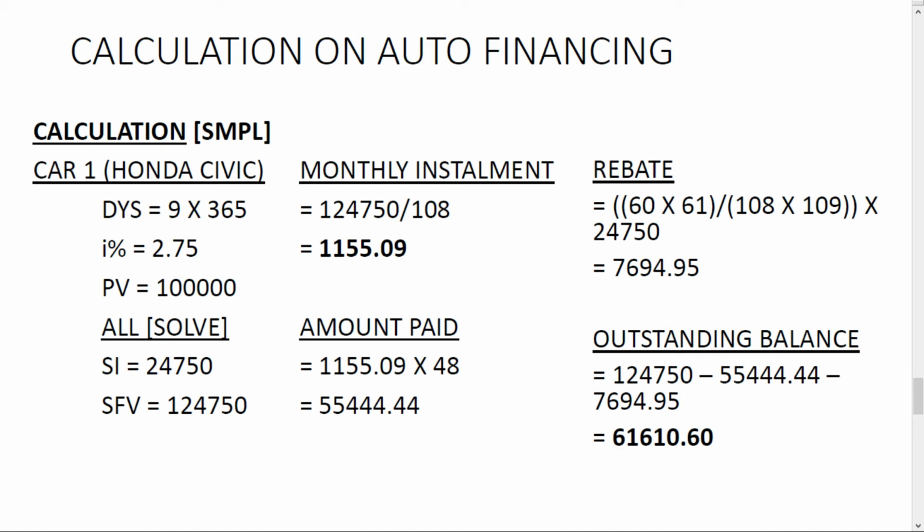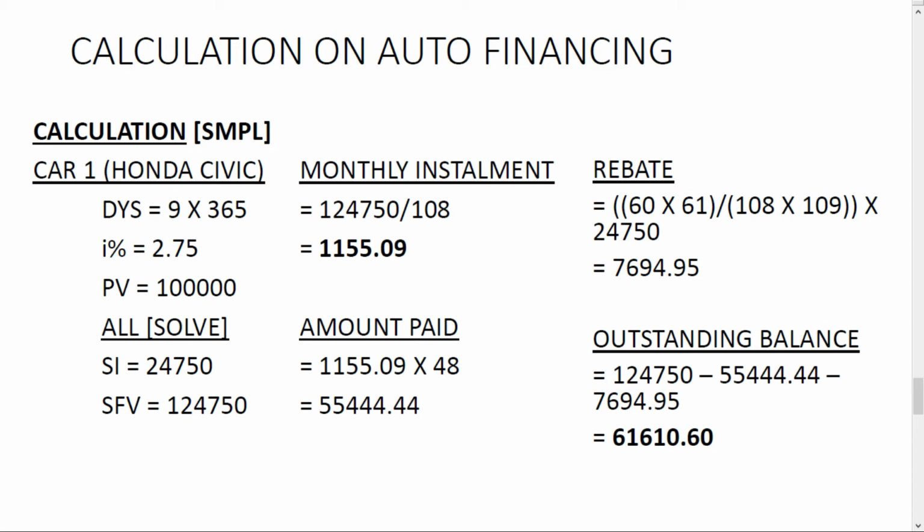In SMPL, we use the number of days as the basis. So at DYS, we need to multiply the tenure of financing by 365, which is the number of days in 1 year. The rate or I% we key in as is, no need to convert, and the financing amount as PV.